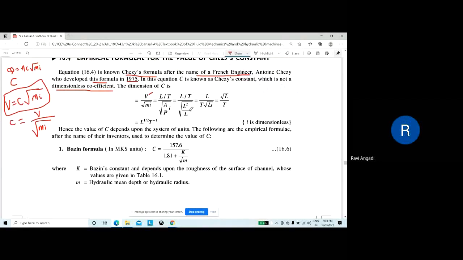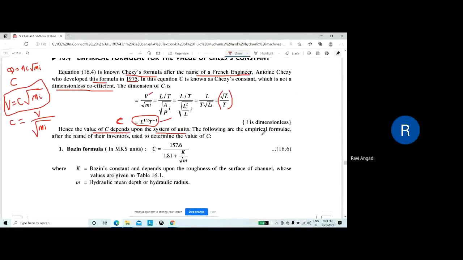Then L gets cancelled, and finally you get the square root of L by T, which has dimensions, meter per second. So this is the dimension of Chezy's constant C. We call it a constant, but it has dimensions. Hence, the value of C depends upon the system of units.